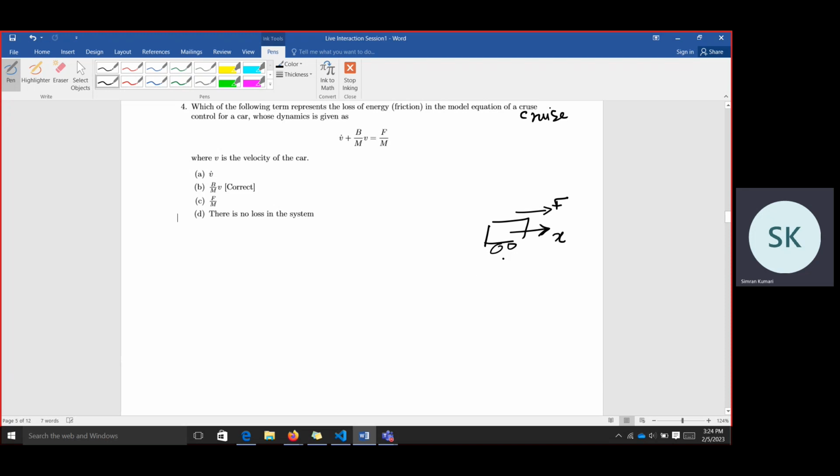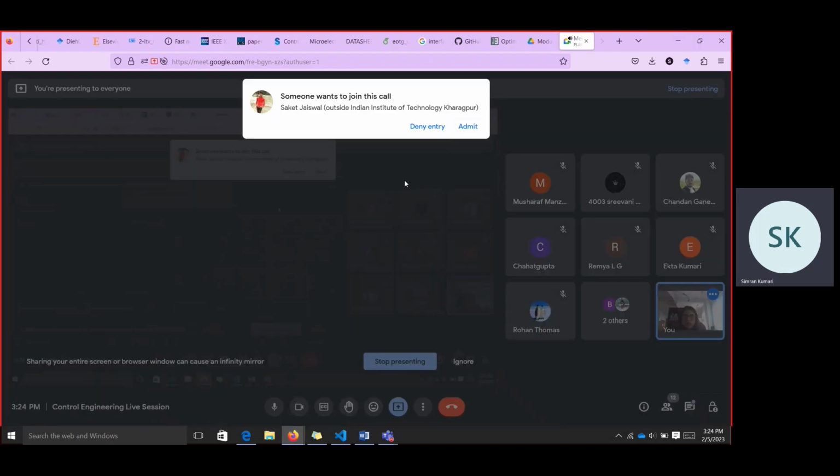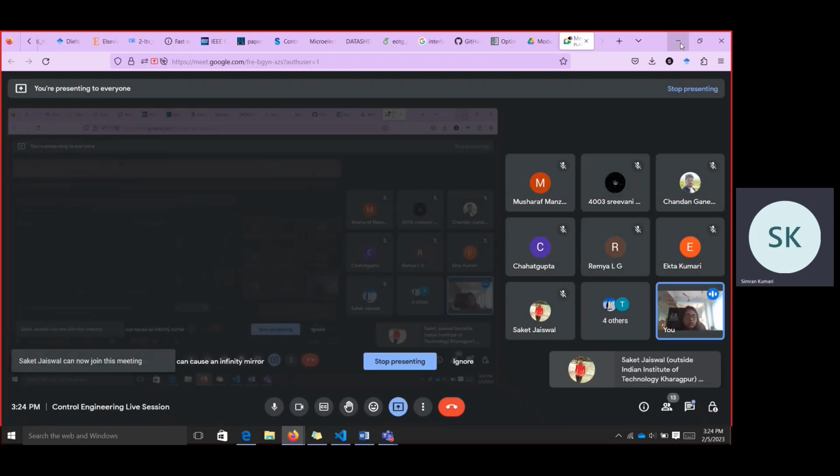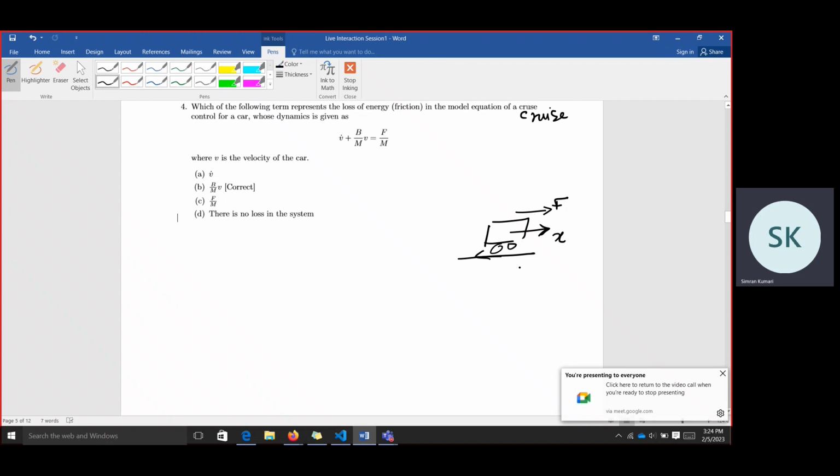Obviously this has been discussed in the lectures, so we'll have a quick review so that we can understand how to solve the question. And there is a friction because of which there is some energy dissipation.